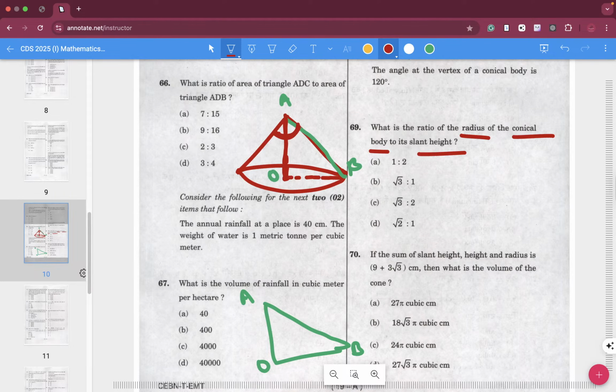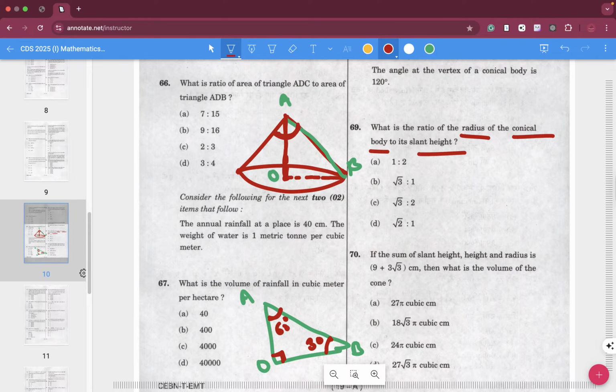So this angle now will be 60, and AO is perpendicular to OB, so this angle will be 90, and automatically this angle will be 30.